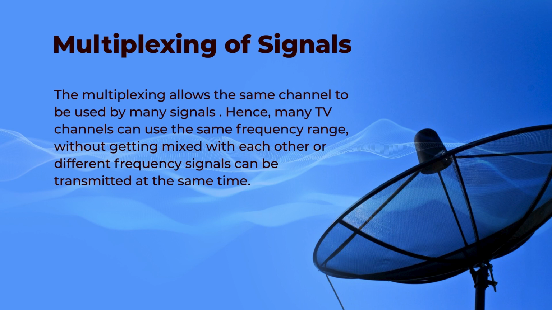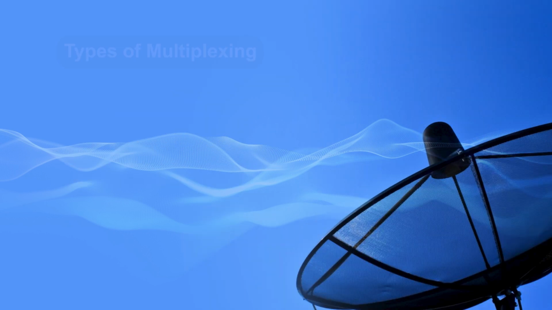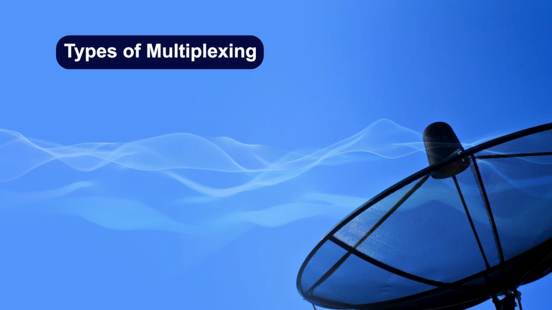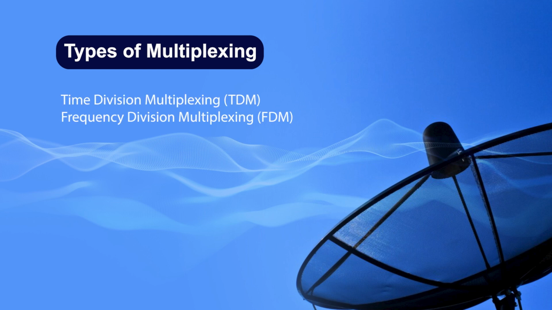As a result, different frequency signals can be transmitted concurrently, maximizing the efficiency of the communication medium. There are different types of multiplexing, including time division multiplexing, that is TDM, and frequency division multiplexing, that is FDM.